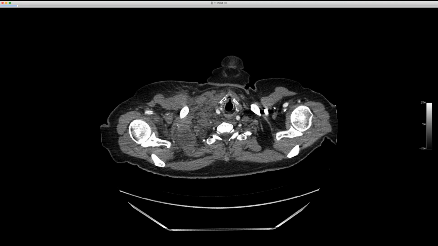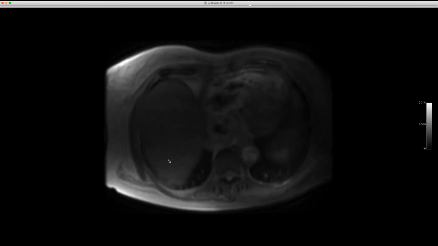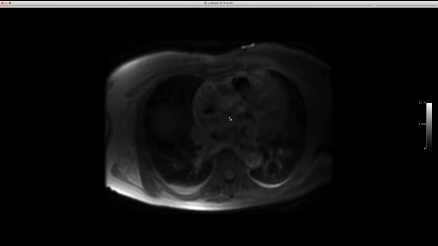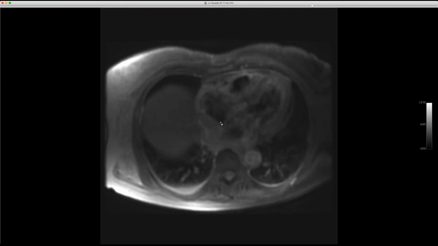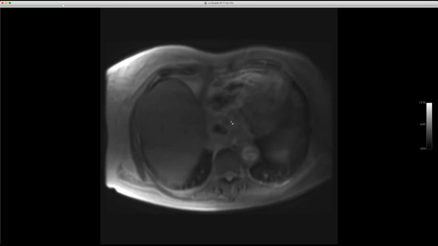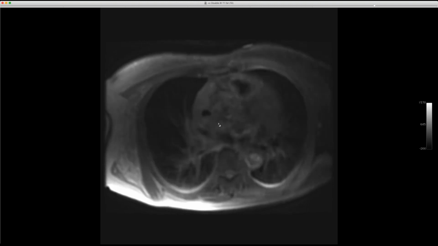Let's see if I can find it. Here's a contrast enhanced post-contrast T1, looks like T1 fat sat. We see all the enhancement in that area, and it extends into the upper abdomen as well, going along the IVC here.